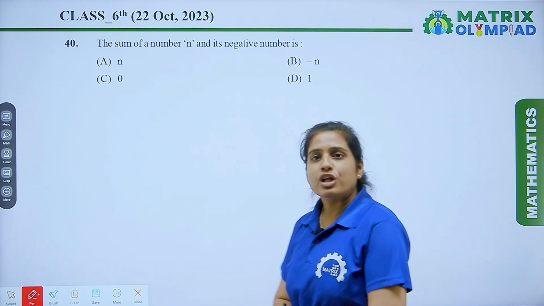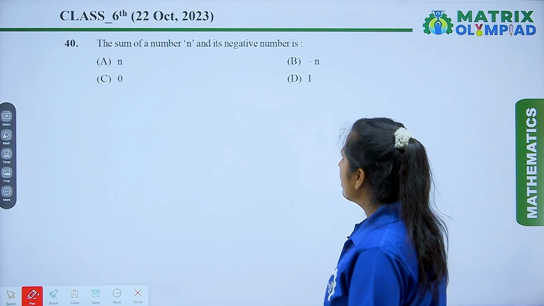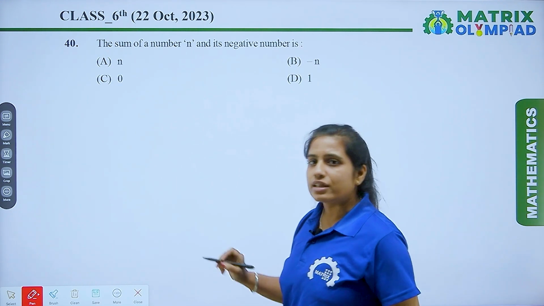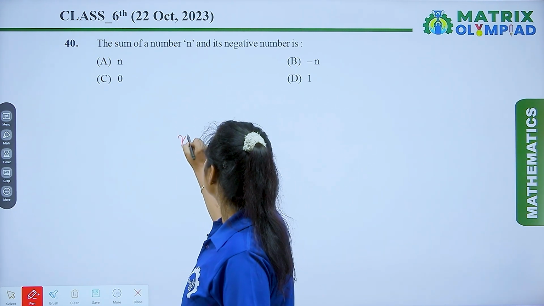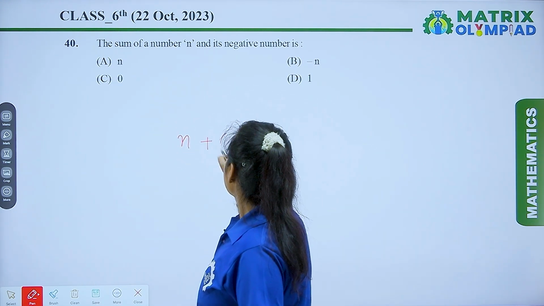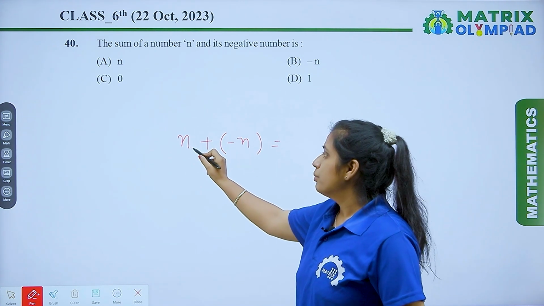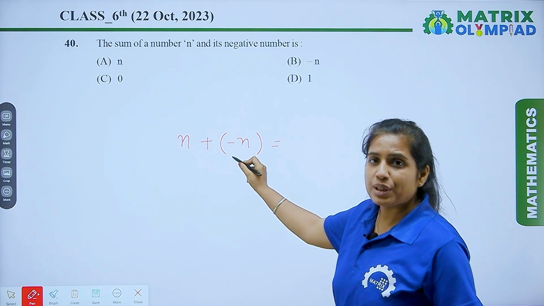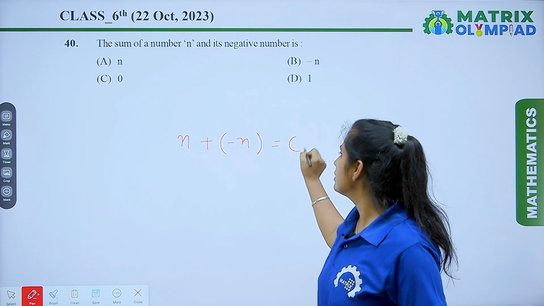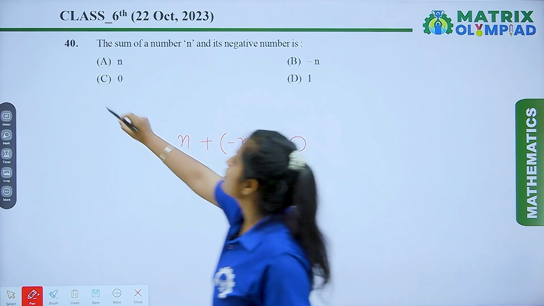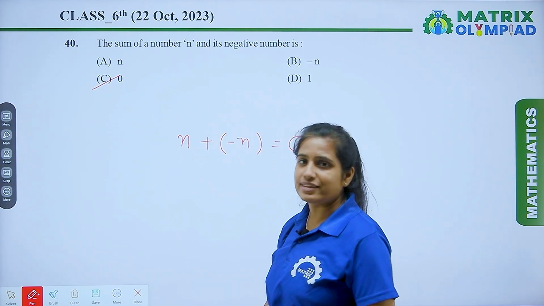Now the next question is question number 40. The sum of a number n and its negative number is. So here we have to find out the sum of a number n plus a negative number n, which is equal to n plus negative n is 0. So here option C is the correct answer.